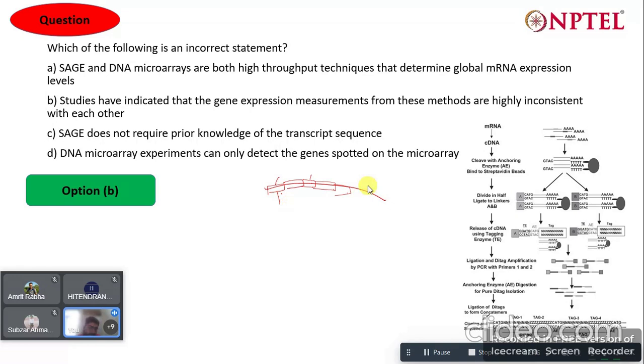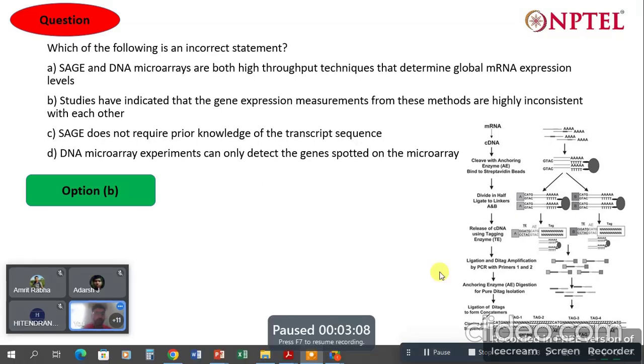But what happens is that in case of this technique, different types of RNAs are joined.